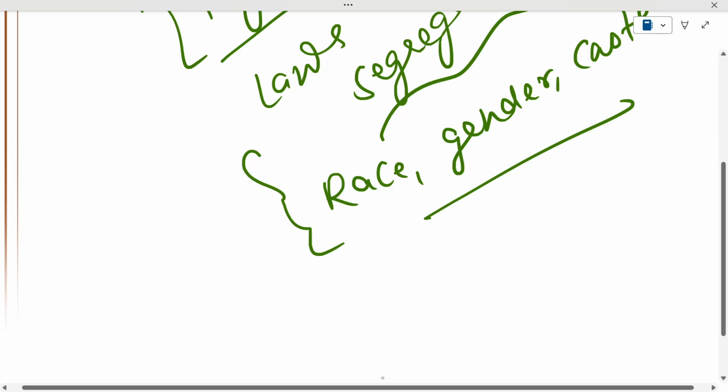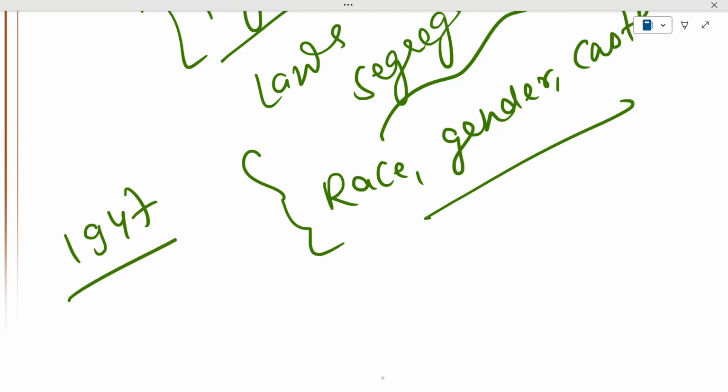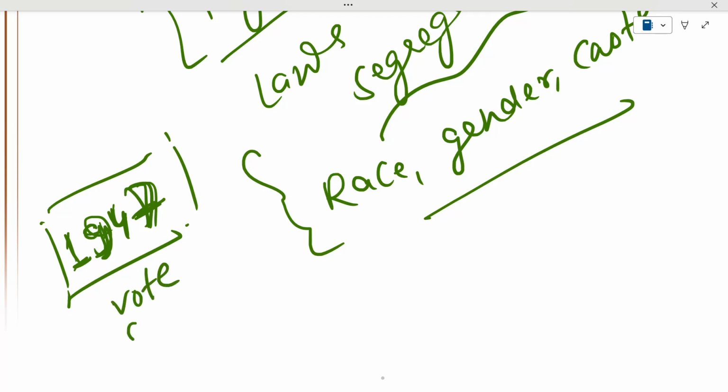Women in India got universal adult franchise in 1947. So it means Indian women before 1947 were not entitled to universal adult franchise, they could not vote in elections, they could not contest for elections.